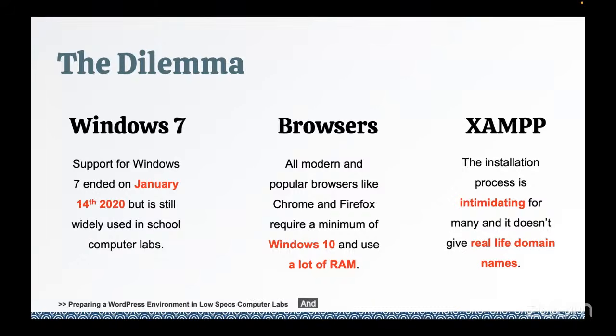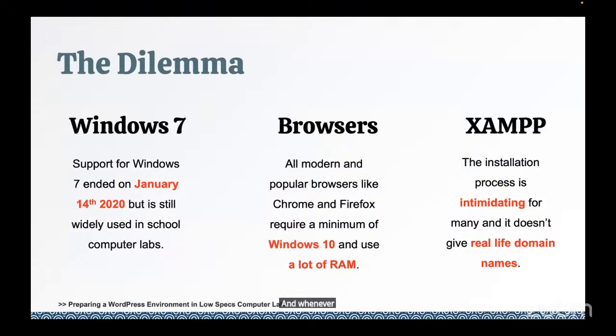And on a computer, these days, these modern browsers, commonly Chrome and Firefox, require a minimum of Windows 10. I have computers here that are forcing me to have Windows 10. I'm still using Windows 7 on some of my machines.